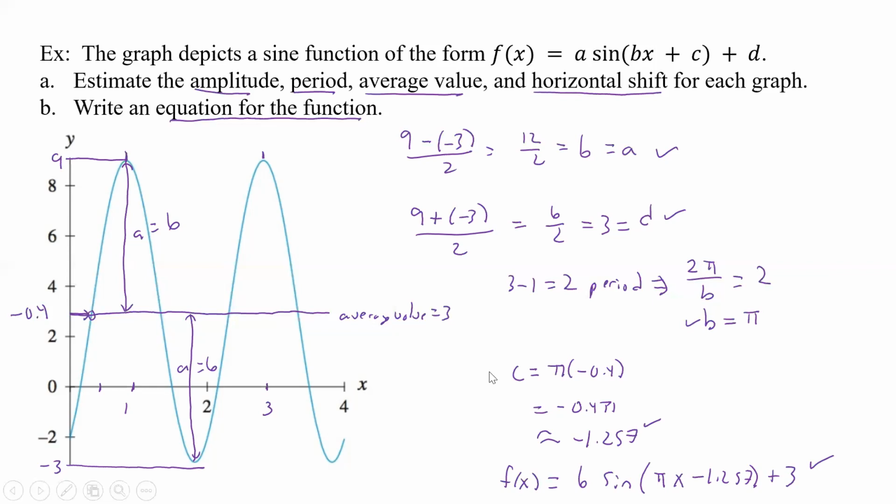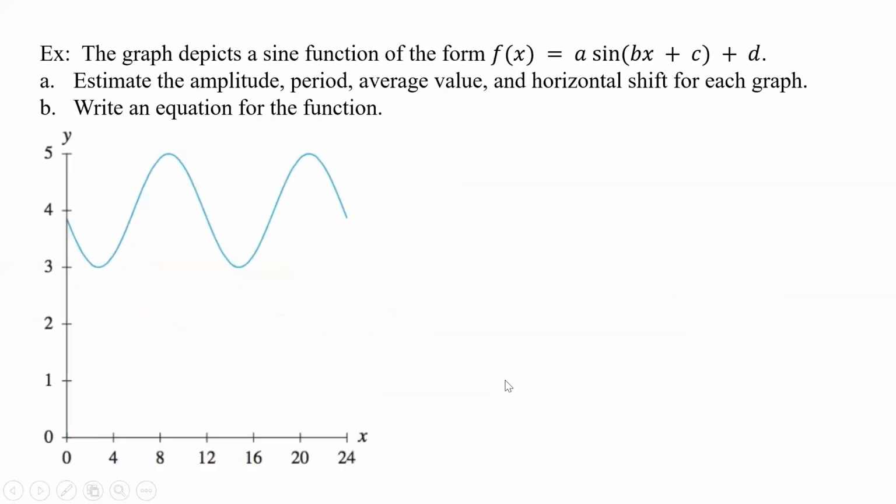Let's see. How about the next one? All right, so looking at that, it looks like we have a max of 5 right up there, and a min of 3. And so 5 minus 3 is going to be 2, divided by 2 is 1, so it's going to be a value of 1 for our amplitude.